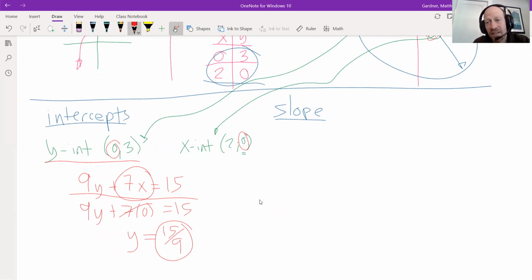And you can do the same thing for the x, except you flip it: you set y equal to 0 to find the x-intercept. If y = 0, that whole first part is going to be 0. 0 + 7x = 15, so x equals 15 sevenths.